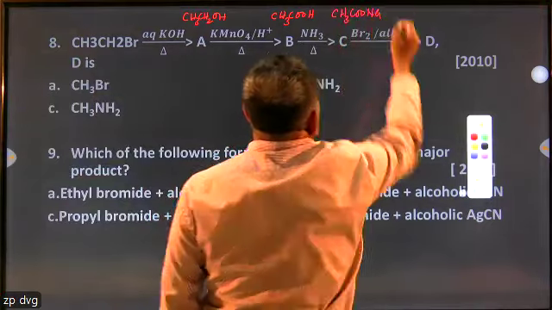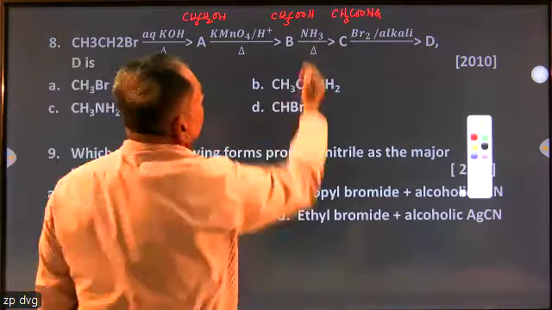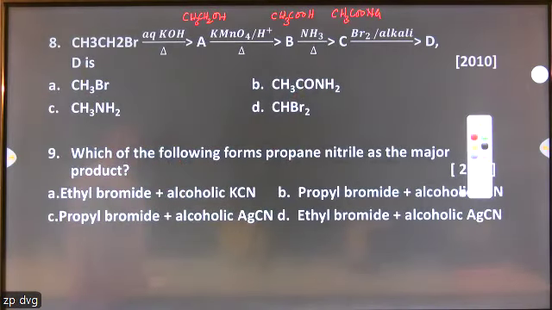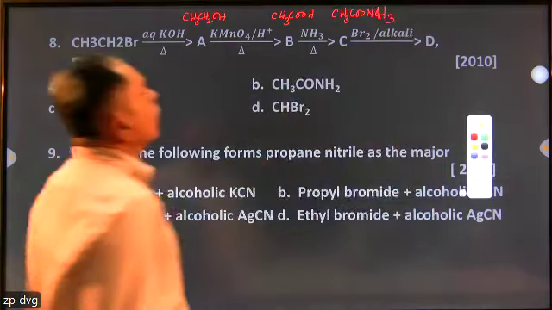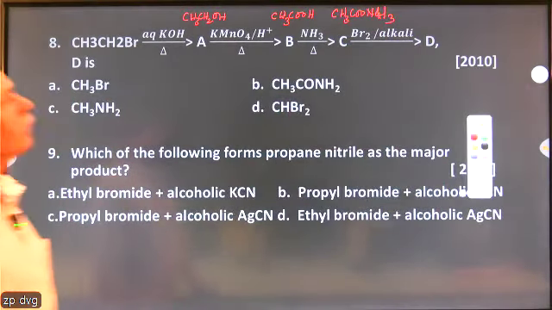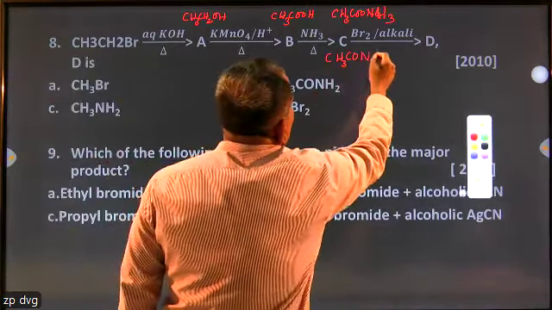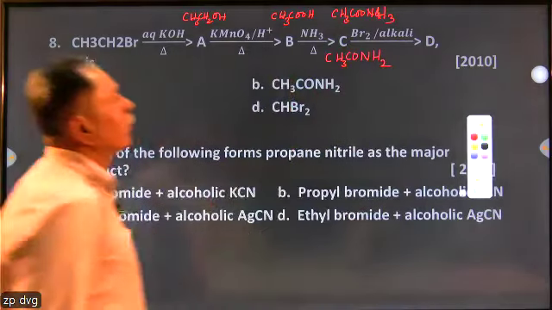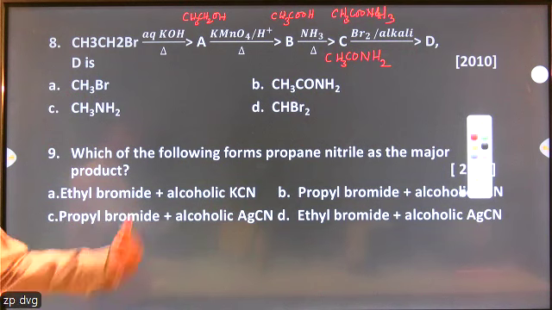sodium acetate, and sodium acetate, sorry, not sodium acetate, ammonium acetate. And when ammonium acetate is heated, you get an amide, acetamide, that upon treating with bromine and alkali, that is nothing but Hofmann bromamide degradation reaction.